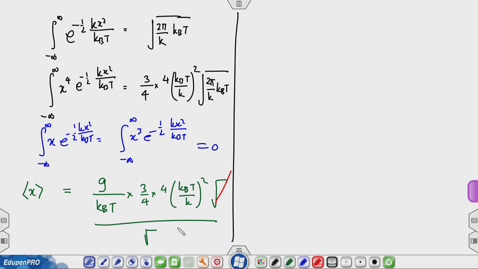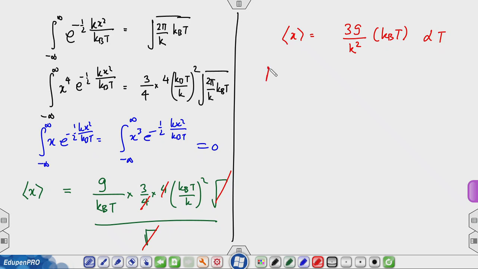The square root term cancels, 4 cancels, and you get average x to be equal to 3g over k square times k B T, proportional to T.